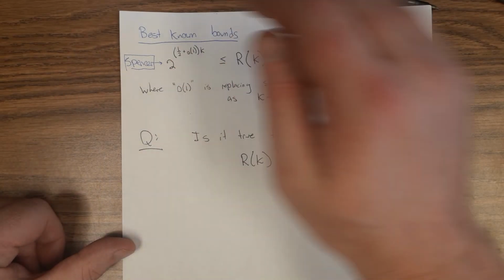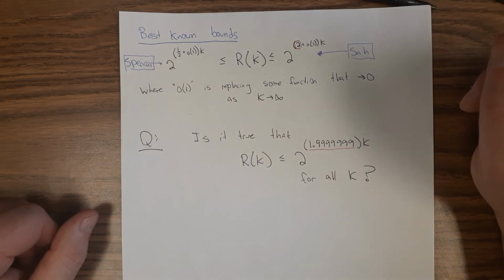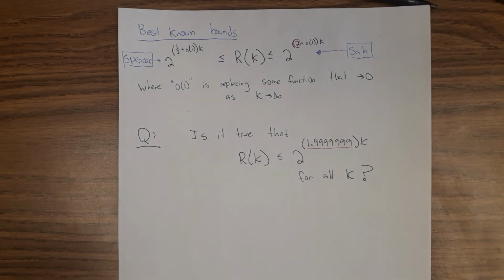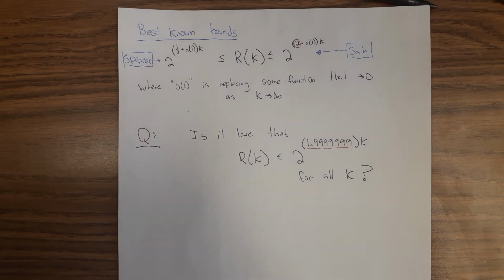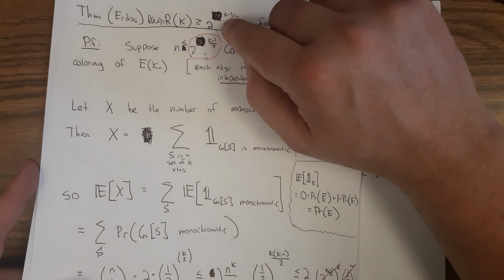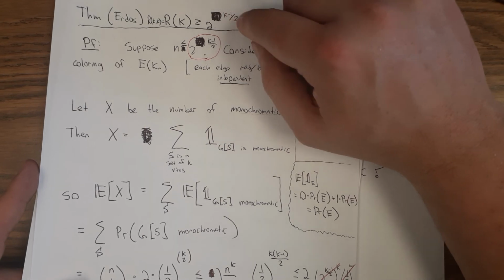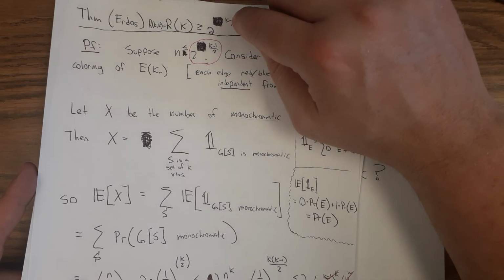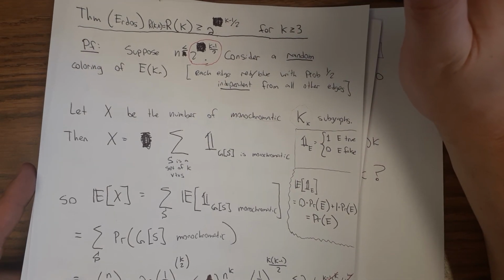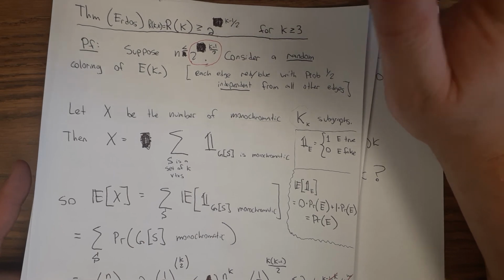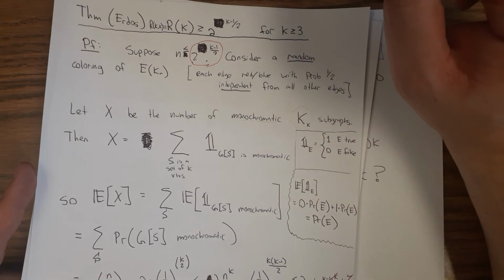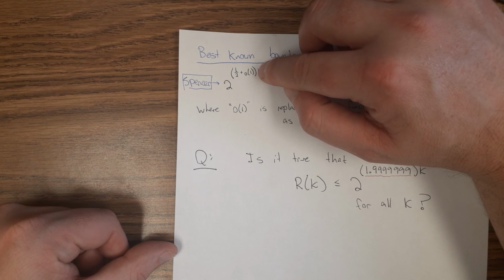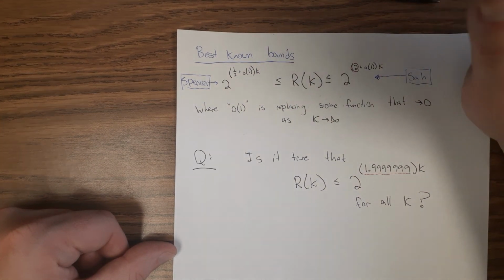Anyway, it's a similar story on the lower bound. On the lower bound, it's essentially 2 to the k over 2. And that's also what we proved. We showed the lower bound 2 to the (k minus 1) over 2. And as k goes to infinity, this 1 is negligible compared to the k. So I would describe this as essentially 2 to the k over 2. And that is, again, essentially the best known, despite a lot of effort.